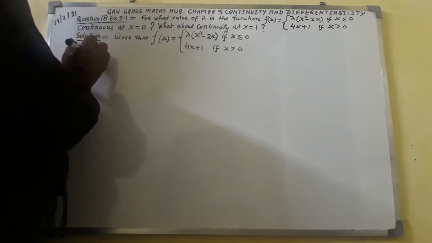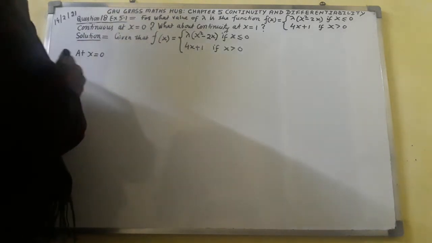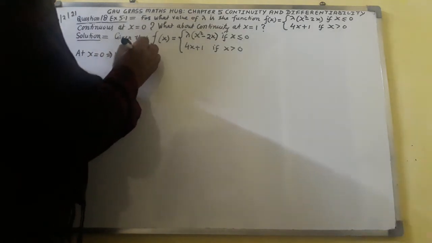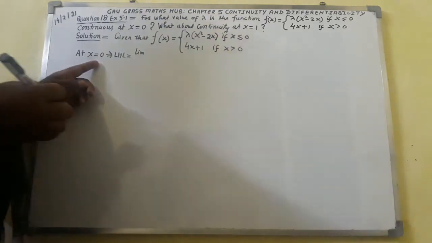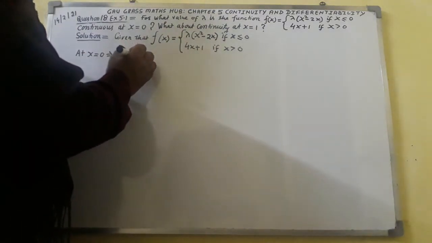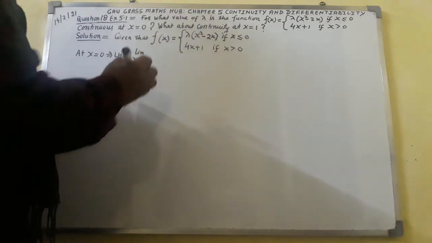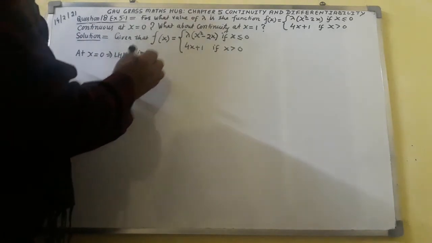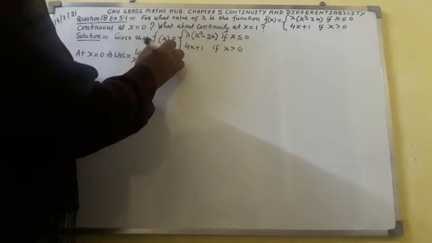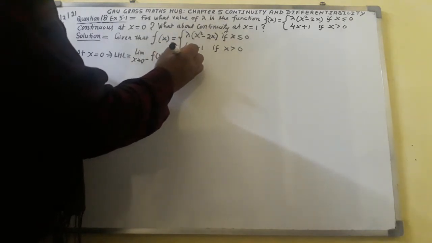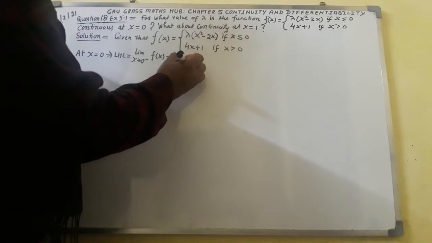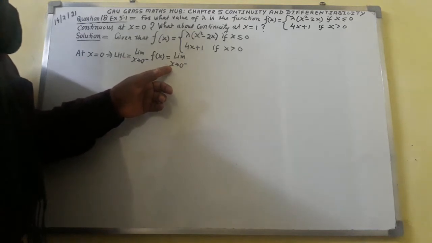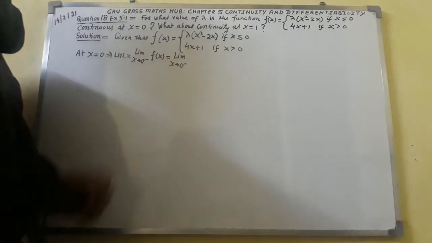So here I shall write, x equal to 0 implies left hand limit equal to limit x tends to 0 negative of f of x. Since it is the left hand limit, x tends to 0 negative, this means that the value of x must be less than 0.